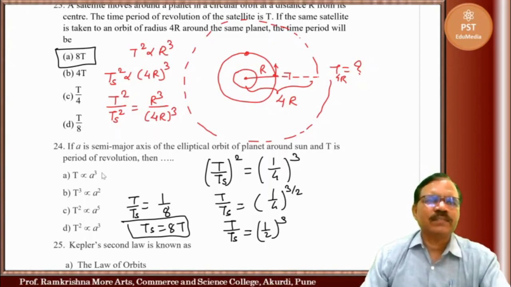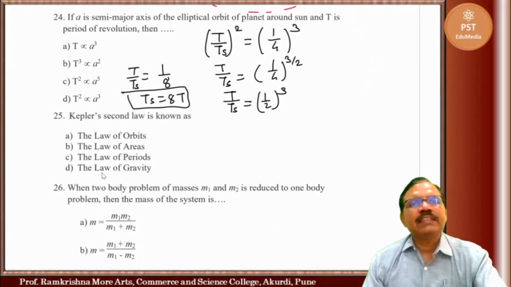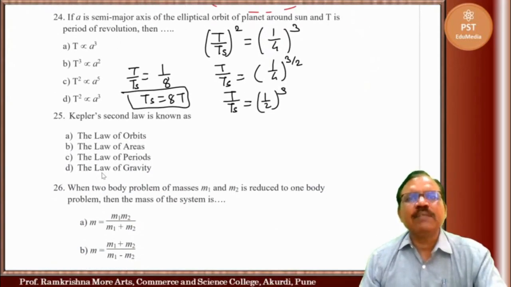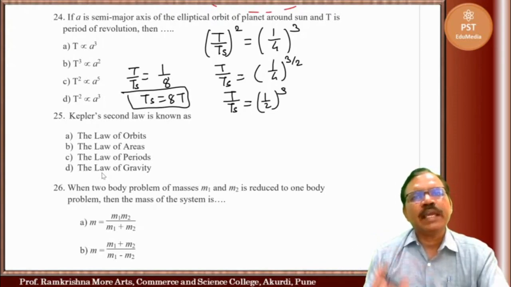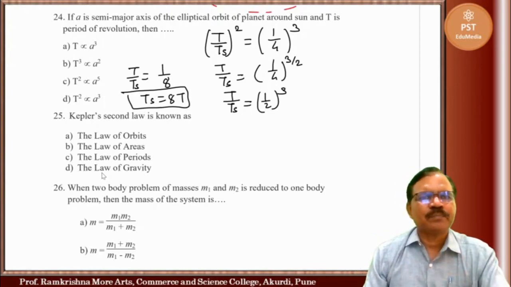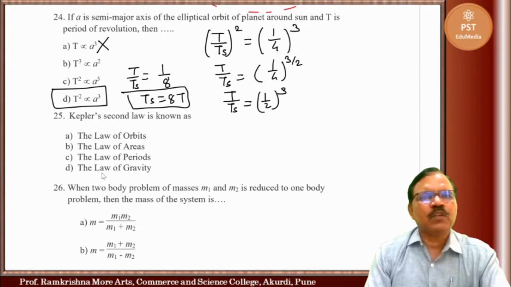Now next one, if a is the semi-major axis of the elliptical orbit of a planet around the sun and t is the period of revolution, then t square is proportional to a cube, that is Kepler's third law. So D is correct. Here t is proportional to a cube, t cube is proportional to a square, t square is proportional to a raised to 5.